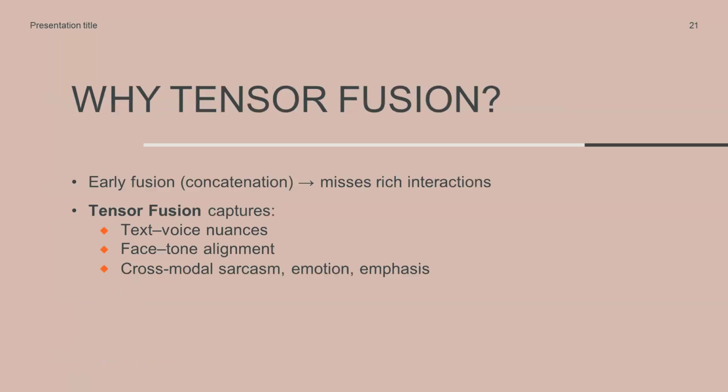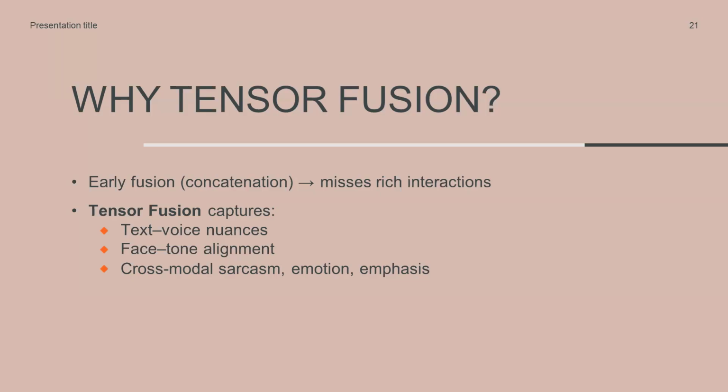Why tensor fusion? Traditionally, early fusion methods just concatenate the features from different modalities. While that's very simple, it misses out the rich interactions that can exist between the modalities.